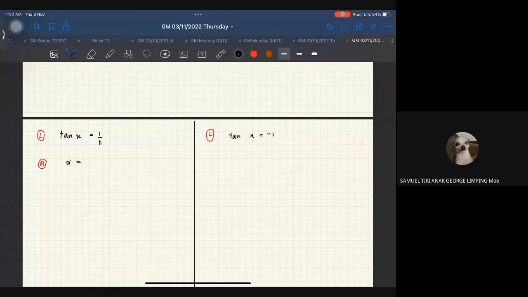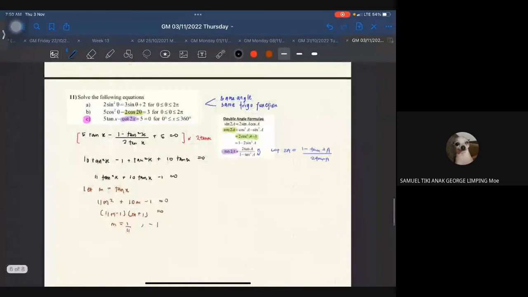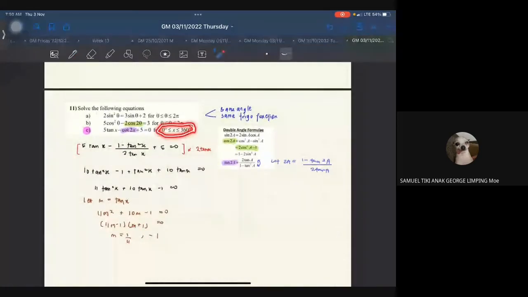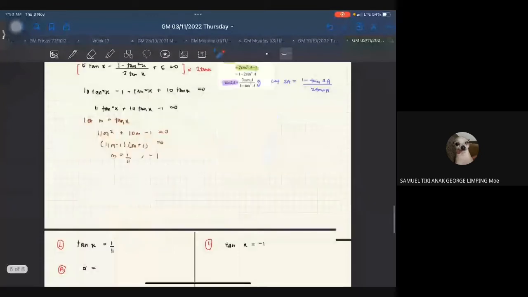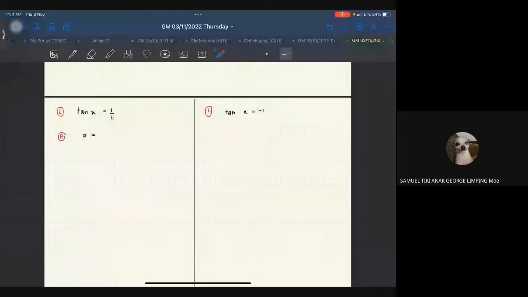But before that, tengok dulu soalan bagi dalam bentuk apa? So soalan bagi dalam bentuk angle. So dibagi daripada 0 sampai 360 degree. Okay, so bila bagi dalam bentuk angle, make sure, sorry, not in angle form, it's in degree form. Okay, so bila dalam bentuk degree, you need to make sure that your calculator is in the form of degree, not in radian.